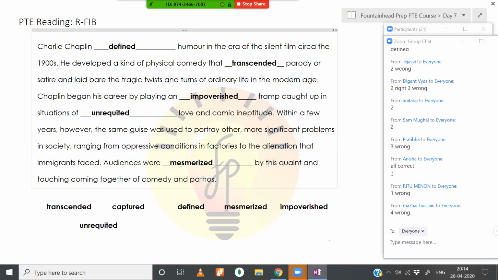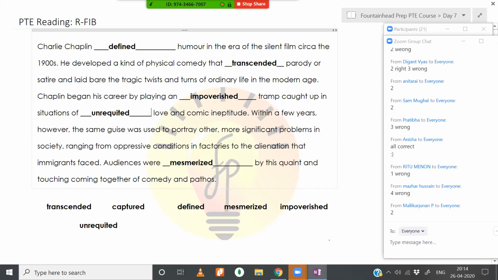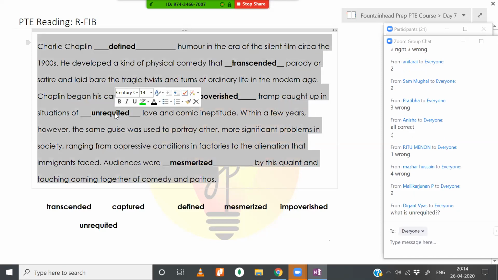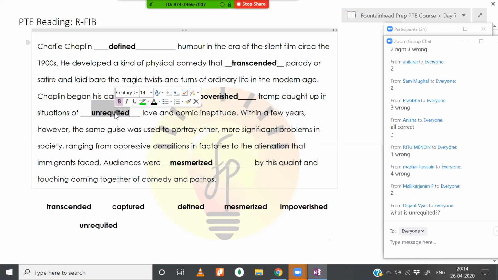Okay. So why do you think a lot of you ended up making so many mistakes in this particular question? It is because the words you see here are not conventional. These are somewhat difficult words. Unrequited love means one-sided love, something that is not returned, love that is not reciprocated.